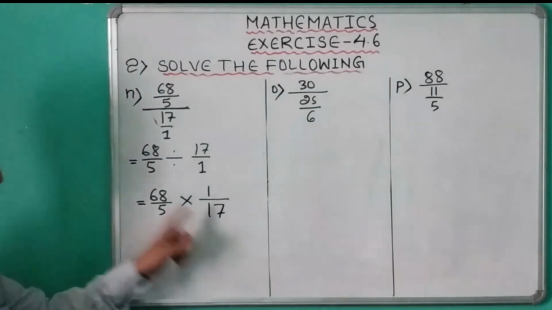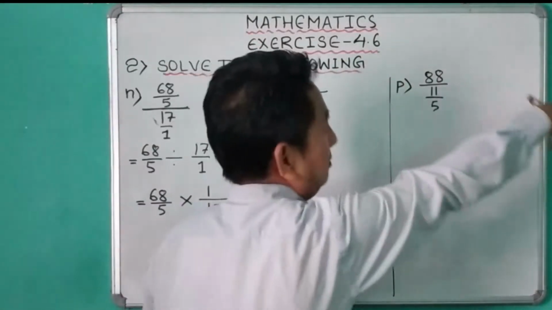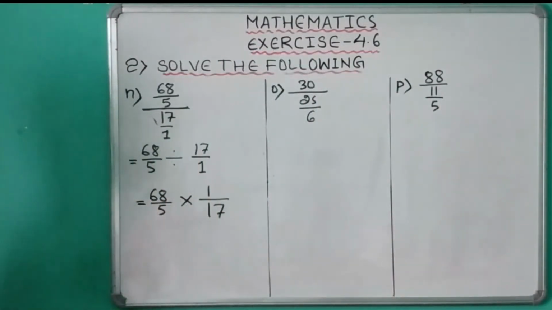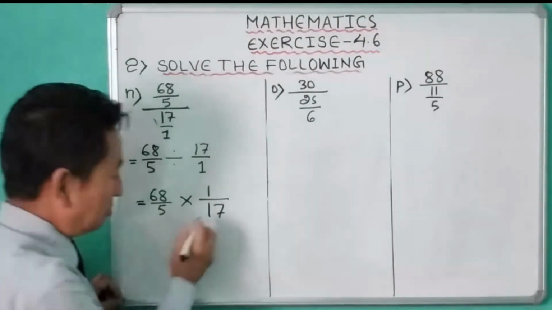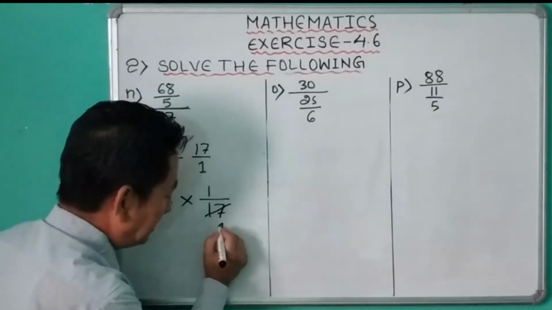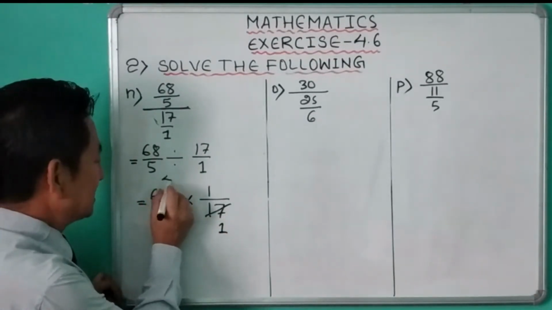Now 17 fours are 68. 17 is common between 68 and 17. We can cancel by 17, 68 and 17. Now 17 ones are 17, 17 fours are 68.